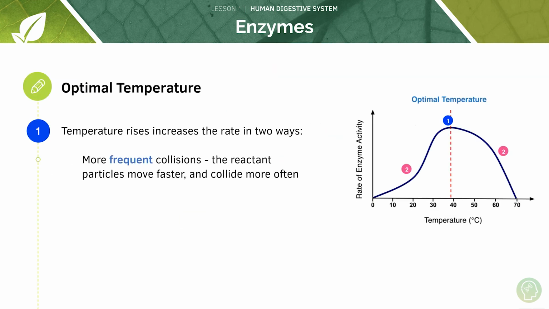So, as I said, the initial increase in the rate of enzyme activity as temperature increases is due to more frequent collisions, because the reactant particles are moving faster and they collide more often, but also more successful collisions. So any collision is more likely to be successful because it has more energy, because of this higher temperature.